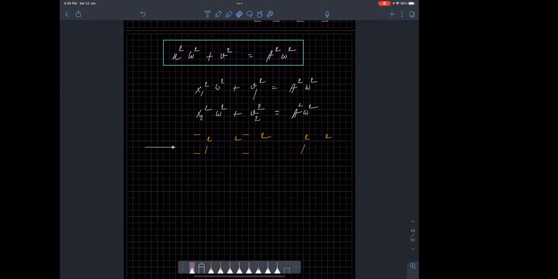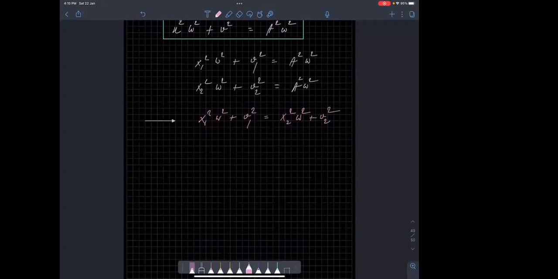Both are equal, right? Both are equal. So x1 square omega square plus v1 square is equal to x2 square omega square plus v2 square. Clear?